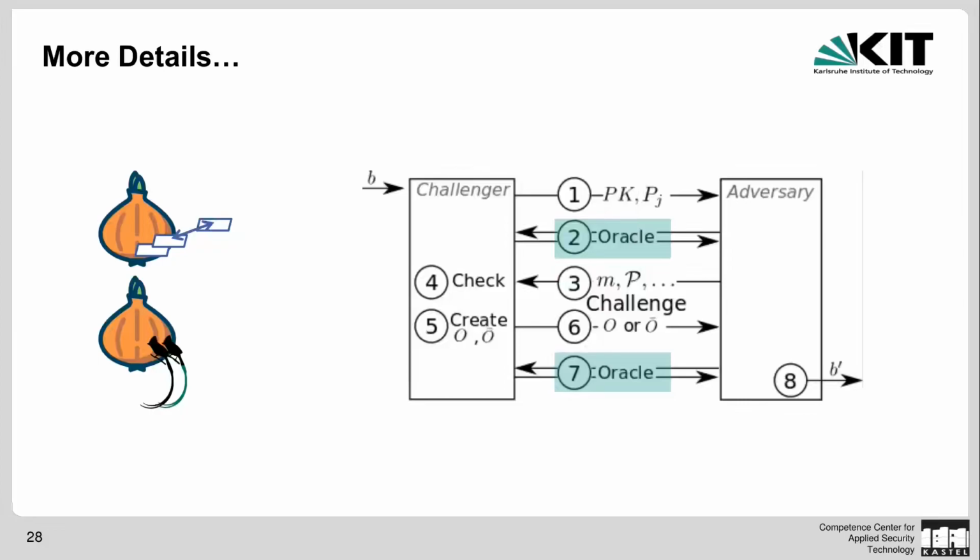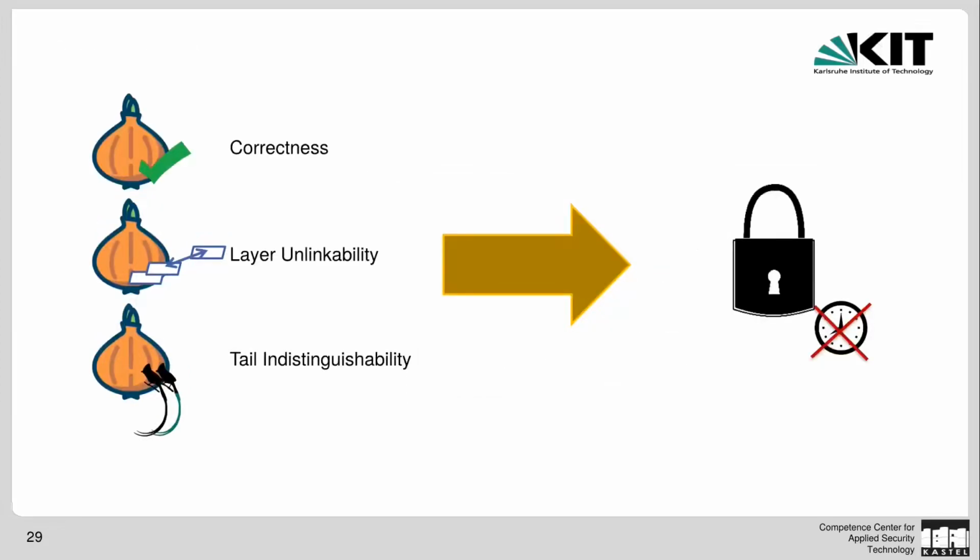For those of you that are interested in those details, I invite you to read our paper or ask me questions later on. But for all the others, I want you to know that we have proven that onion correctness together with our layer unlinkability and tail indistinguishability implies the ideal security of Kamenisch and Lysyanskaya.